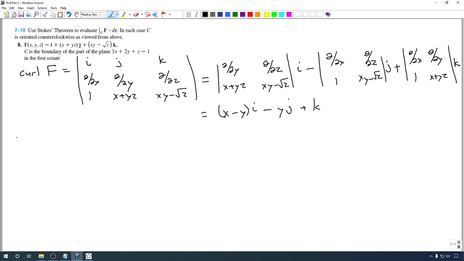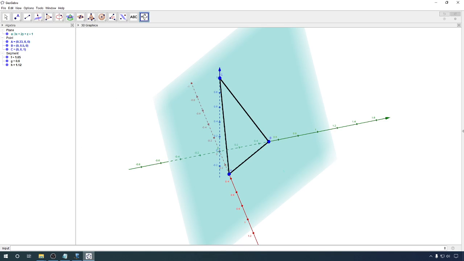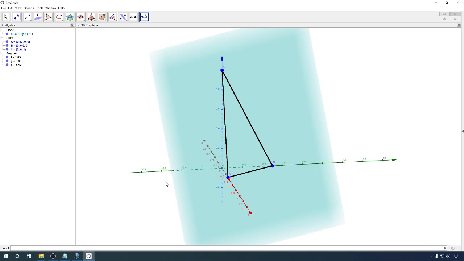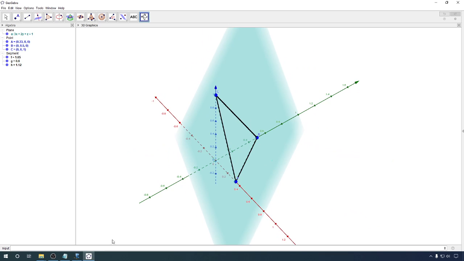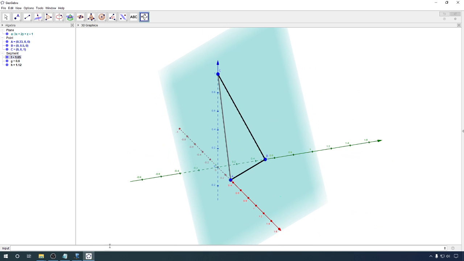Our line integral over C is going to be the surface integral over, well, technically here we have to find a particular surface that works, but they've actually given it to us as this particular plane. This plane is contained within that boundary curve. And so we're just going to integrate over that surface.